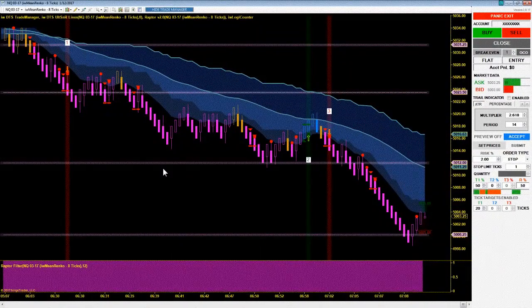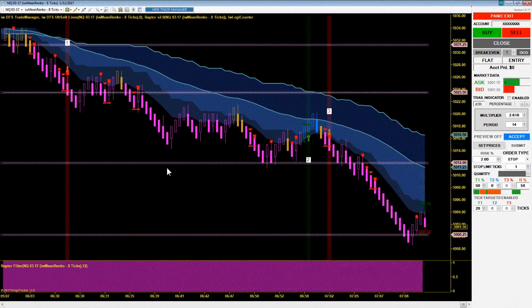What we did was we took the math from all of those systems and put it into this one system called Raptor. In other words, that filter at the bottom, which is currently magenta, is the entire trend trading system squeezed into that one visual element. So it is extremely useful at defining the overall bias or trend of the market.